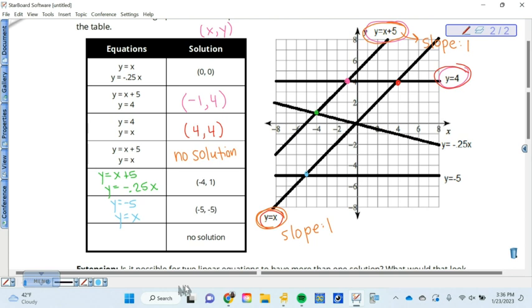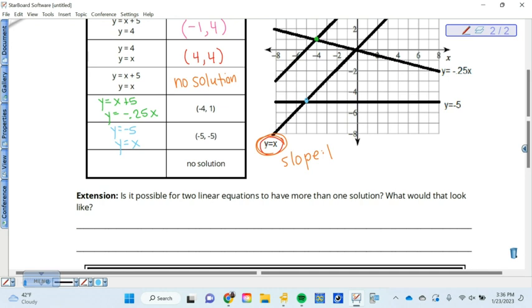Okay, and is it possible for two linear equations to have more than one solution? No. Why not? Yeah, right. We just said it on the other side of the paper that in order for there to be more than one solution, one of the lines is going to have to be curved.